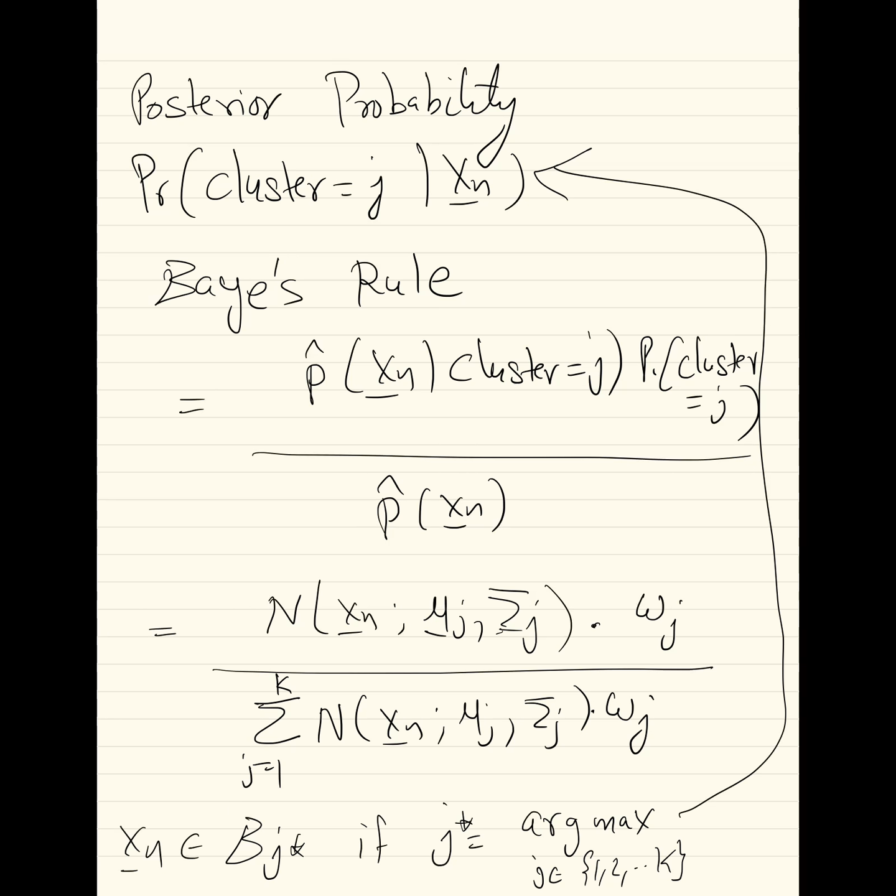So I will take j equals 1 and compute this, j equals 2 and compute this, and j equals 3 and compute this when k is 3. Whichever one has the highest probability, I assign xn to that cluster. So if j equals 1 has the highest probability, xn belongs to b1. If j equals 2 has the highest probability, xn belongs to b2, and so on. Any questions about this?